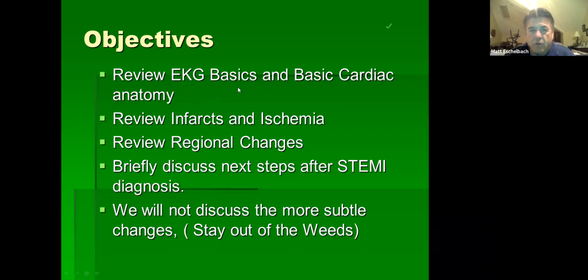Objectives: we'll go over some basic EKGs and some basic cardiac anatomy. We'll look at infarcts and ischemia, regional changes. We'll discuss briefly what goes on after you diagnose a STEMI. We will not discuss the more subtle changes, and we'll try and stay out of the weeds.